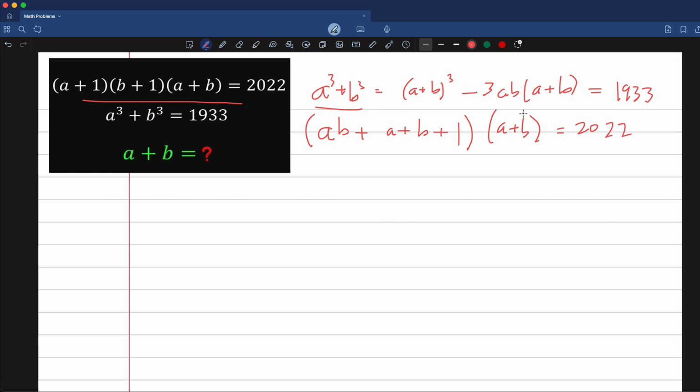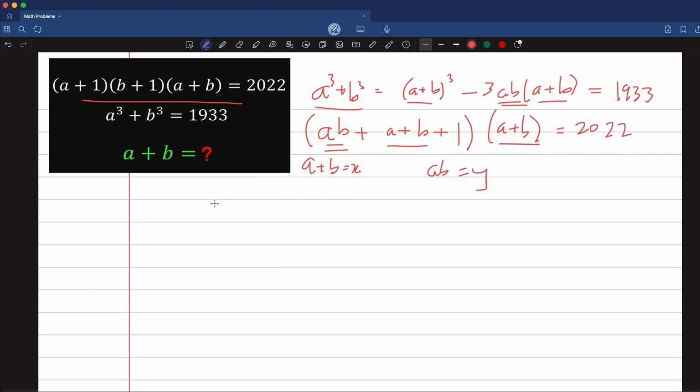Now you can rewrite these equations purely in terms of a plus b, which is a repeated pattern, and ab. So at this point, you can rewrite these equations by replacing them with variables. Let's call a plus b to be x and ab to be y.